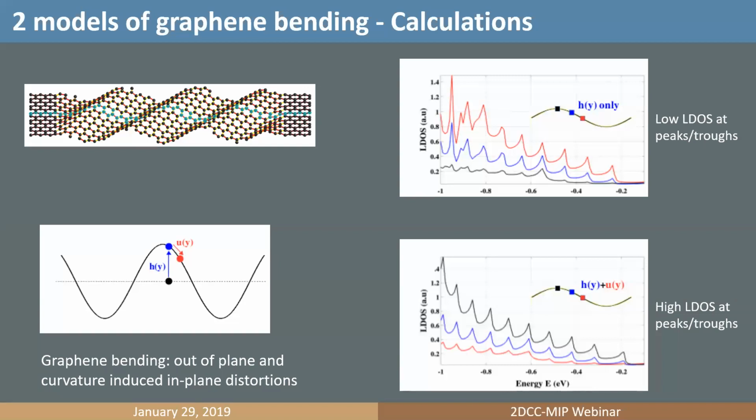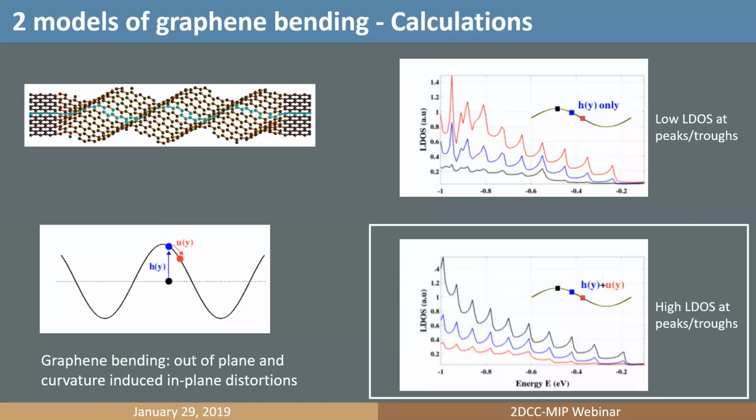Low density of states at the peaks. So this is not what we are seeing. However, if they consider both out-of-plane bending and in-plane stretching, then higher density of states happens at the peaks. So this is how graphene bends. There's not only out-of-plane bending, but also curvature-induced stretching. So this is how an atomically thin sheet bends. Okay, so this is our right model.